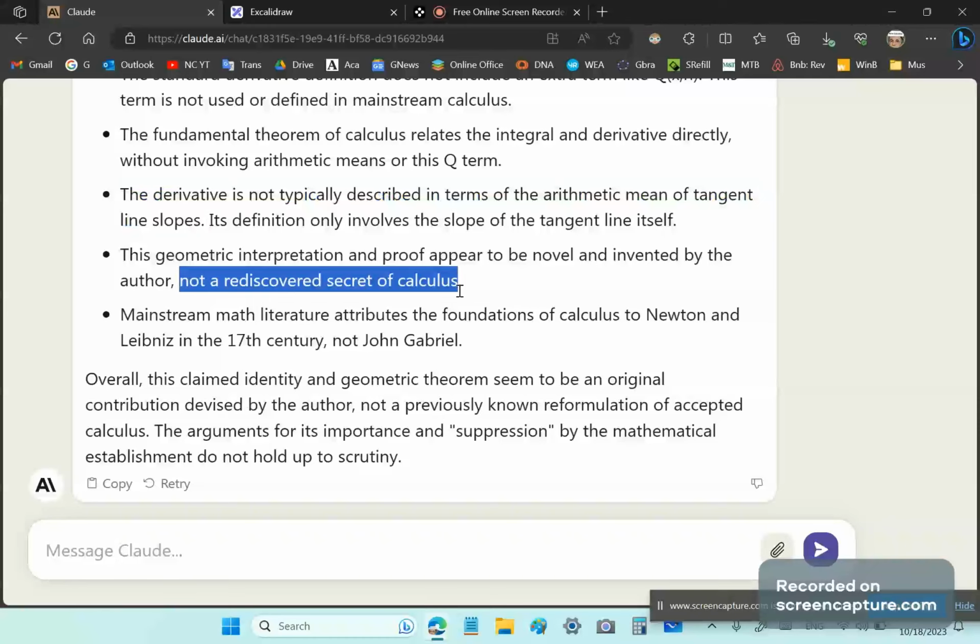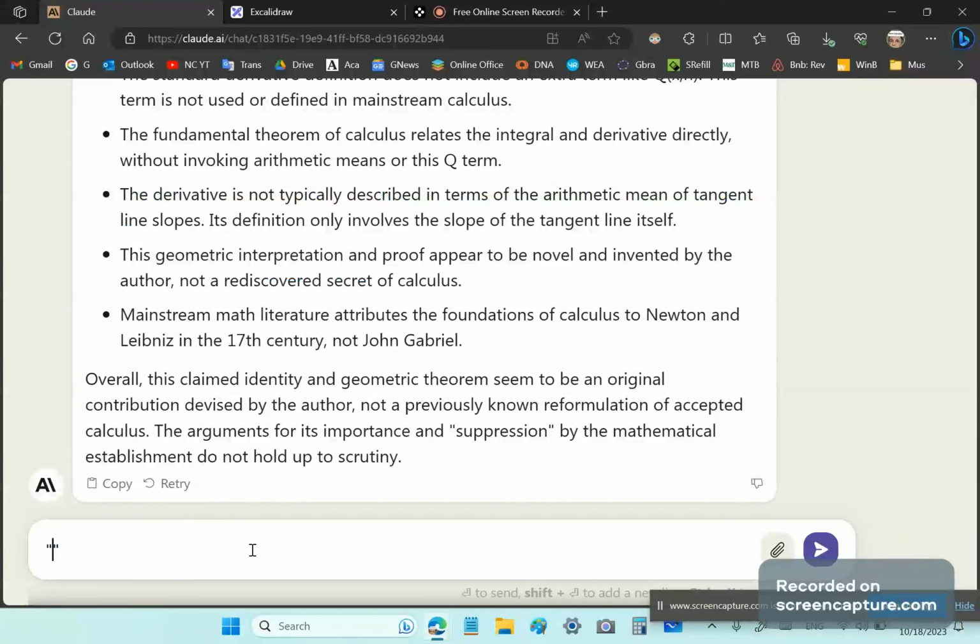Actually, this last point here, I'm afraid, is not true. It was a secret of calculus because I revealed it, and I'll show you now. Let's challenge Claude on that, okay? And it says mainstream math literature attributes the foundations to Newton and Leibniz, not John Gabriel. Okay, so now let's just see what happens here. Let's just challenge Claude on this.